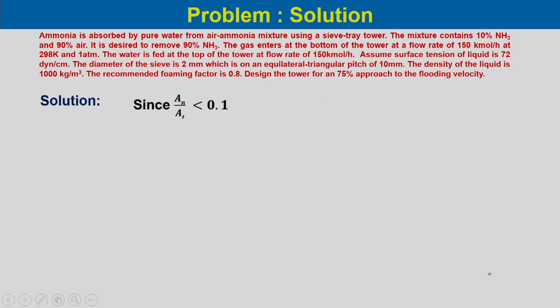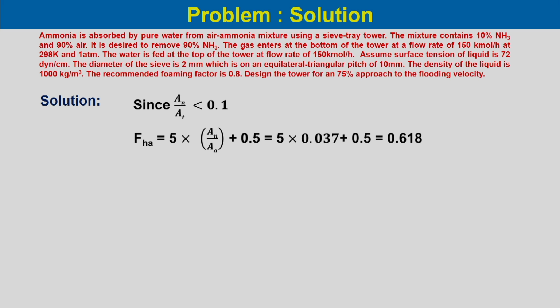Now, since An by At is less than 0.1, we can use the relation of FHA, which is 5 into An by A plus 0.5, which is equal to 5 into 0.037 plus 0.5, which is equal to 0.618.